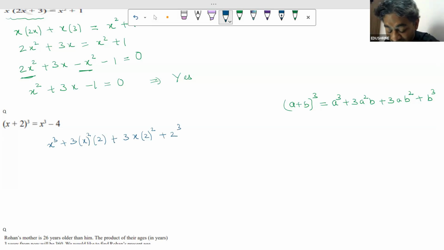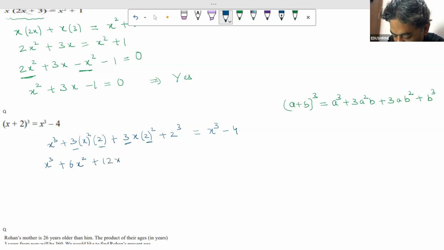Now this is equal to x cube minus 4. Let us try to solve it. X cube, here 3 into 2 would give me 6x square. Here, what is 2 square? It is 4. 3 into 4, 12. So this will become plus 12x. What is 2 cube? 2 cube is 8, equal to x cube minus 4.